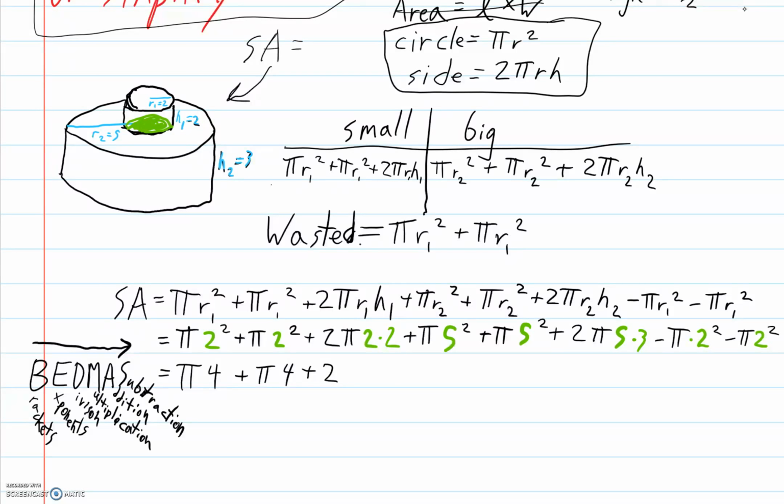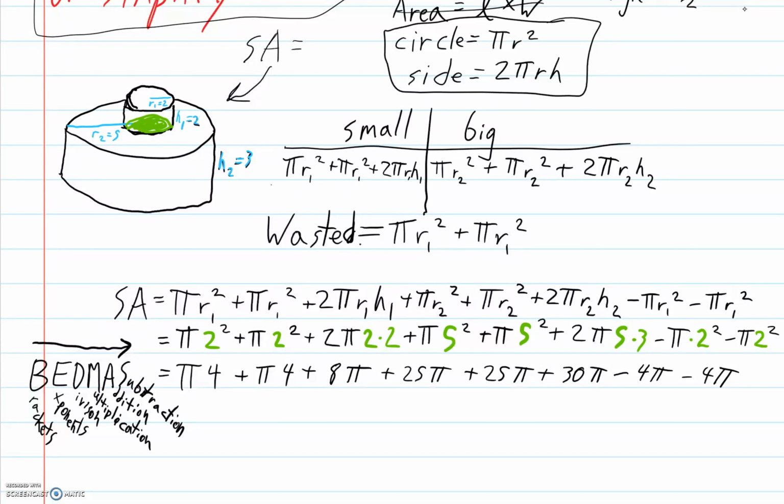Now 2 times 2 times 2 is 8, plus 5 times 5 is 25 pi, plus 25 pi, plus 2 times 5 times 3 is 30 pi. So 5 times 3 is 15, 2 times 15 is 30, minus 2 times 2, or 2 squared, so 4 pi, minus 4 pi again.